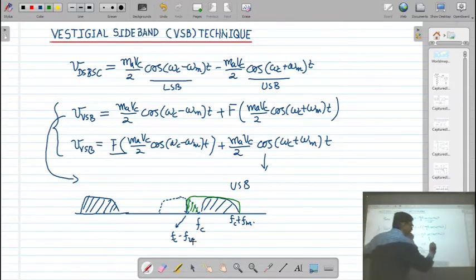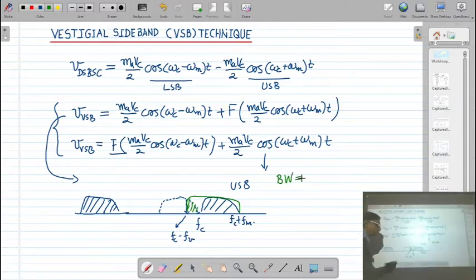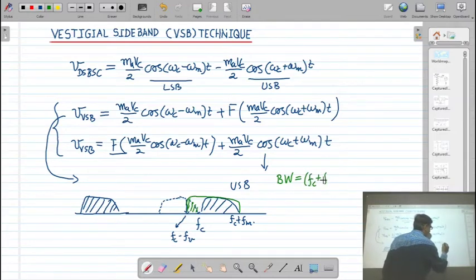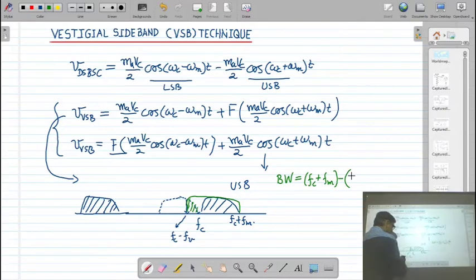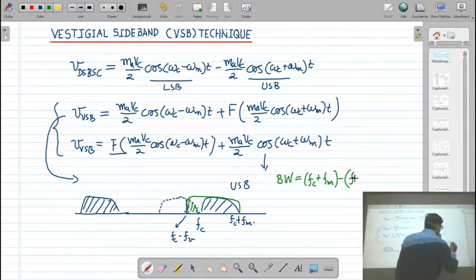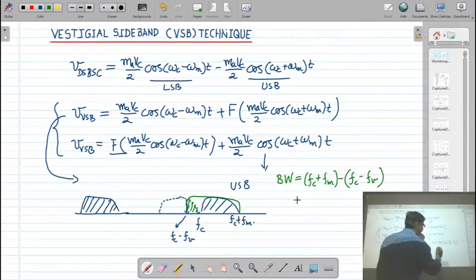In this case, the bandwidth comes out to be the maximum frequency, Fc plus Fm, minus the lower cutoff frequency, the minimum frequency Fc minus Fv, and therefore we have Fm plus Fv.